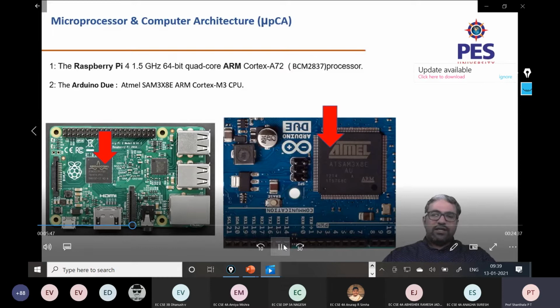The green color board is the Raspberry Pi. Most of the student projects in academics use these two boards, which have the ARM processor embedded in them. So learning the ARM processor makes a lot of sense for us. These are all the motivating points to learn the ARM processor.